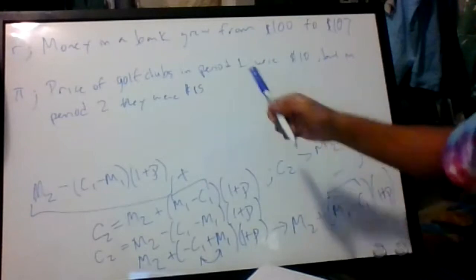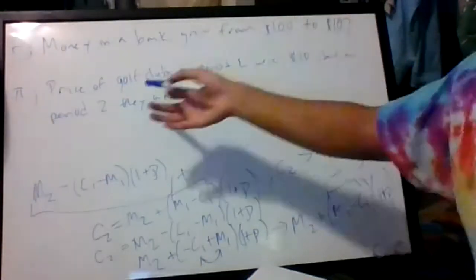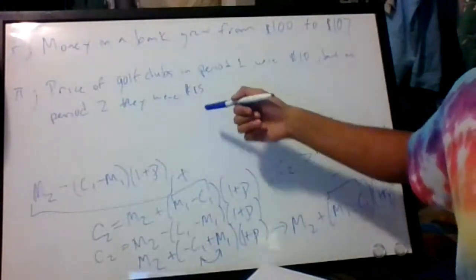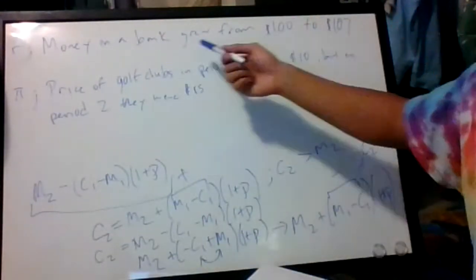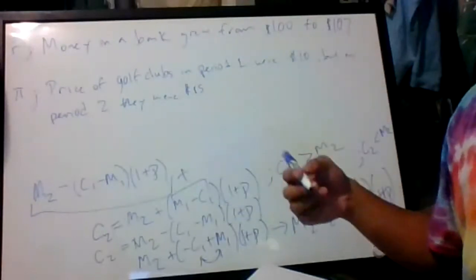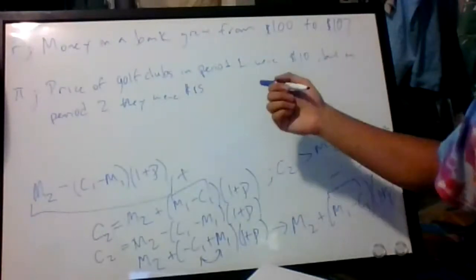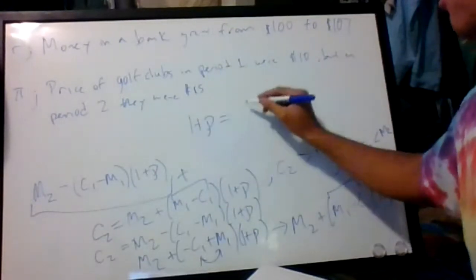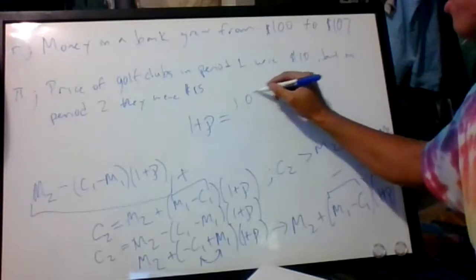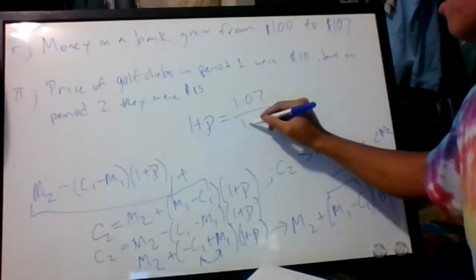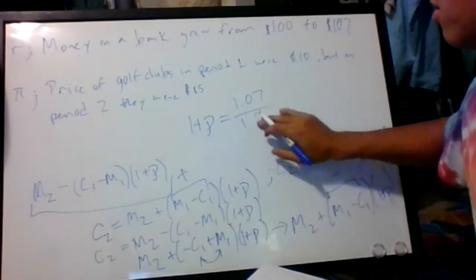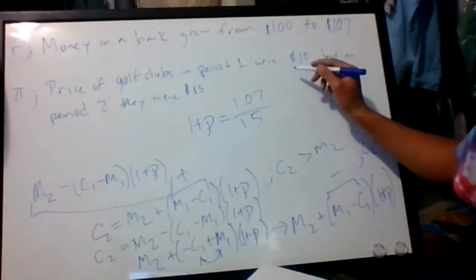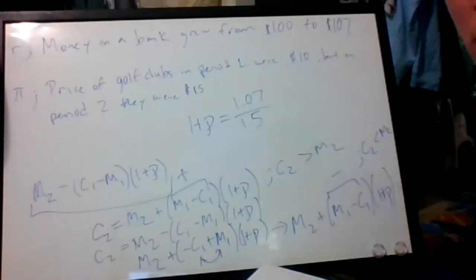And so this doesn't explicitly tell you what the nominal interest rate is or what the inflation rate is, but from this information, you're supposed to be able to implicitly get that this is what they're asking for. And so 1 plus rho in this case would be 1.07 over 1.5, because inflation is 50% in this case.